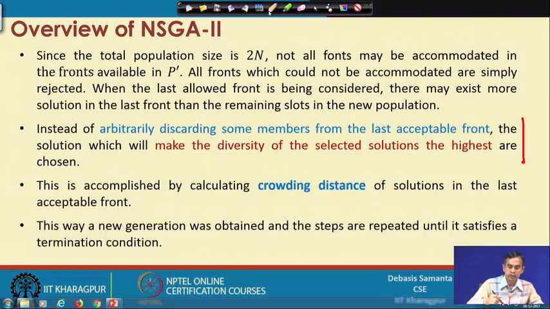This is the basic idea of this technique. The crowding distance we will discuss in detail in the next slide. It is a very important concept, and we will discuss it in the next slides. Now, let us first proceed to the other concepts.